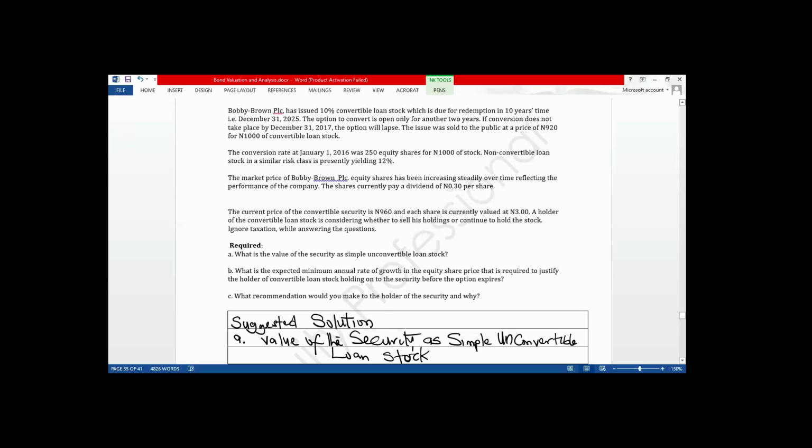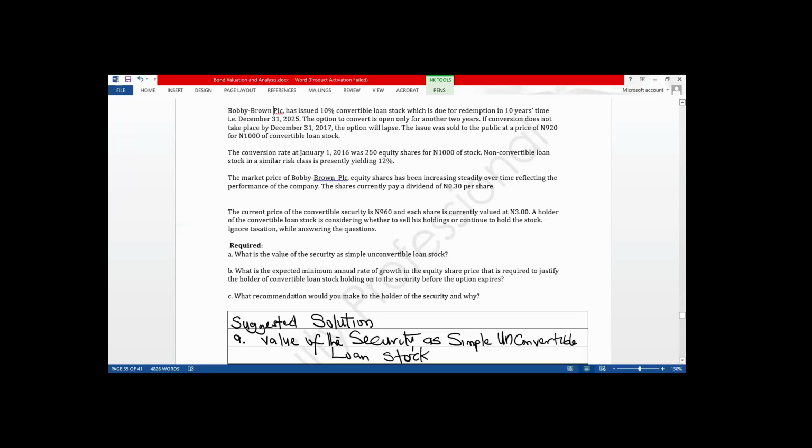Examiner says the conversion rate for a similar class of risk in January 2016 was 250 equity shares for 1,000 naira of loan stock.